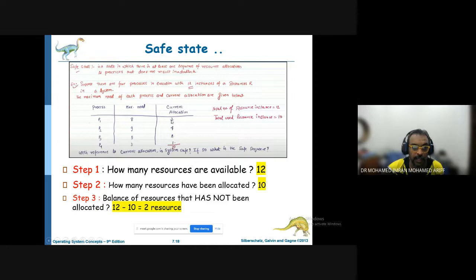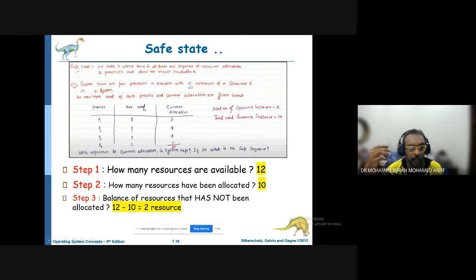Based on this, kalau saya campurkan kat sini, 10 resource instances have been given to all of these processes. Ada 2 lagi resource yang belum diberi. Because the question says we have 12, but at the moment we have only given 10. So what is maximum need?